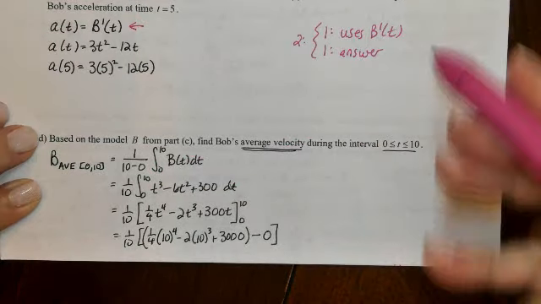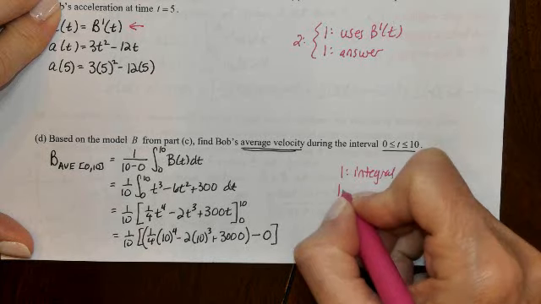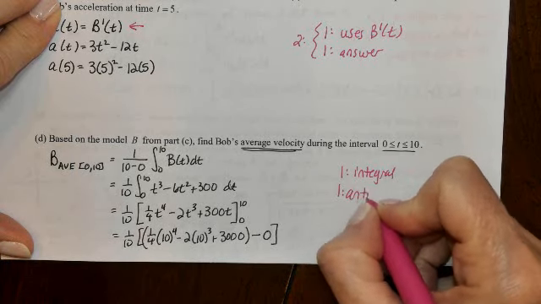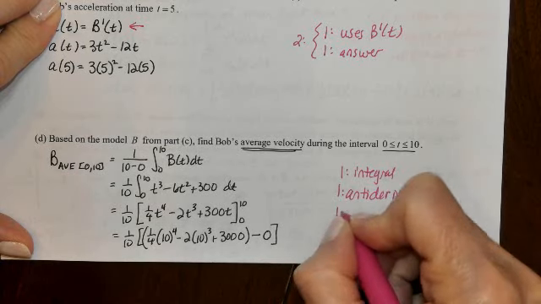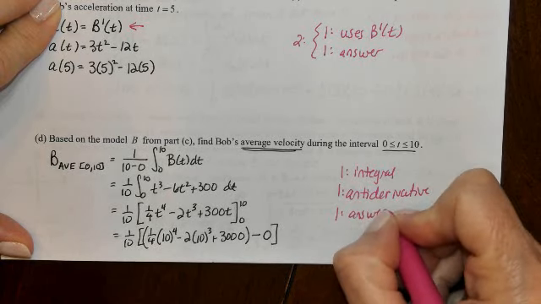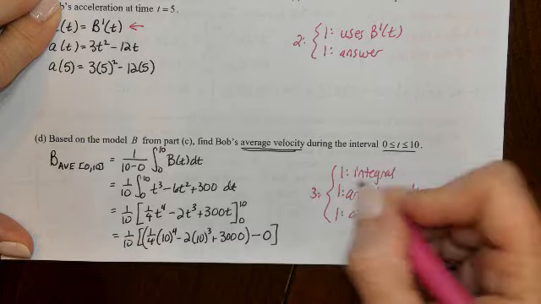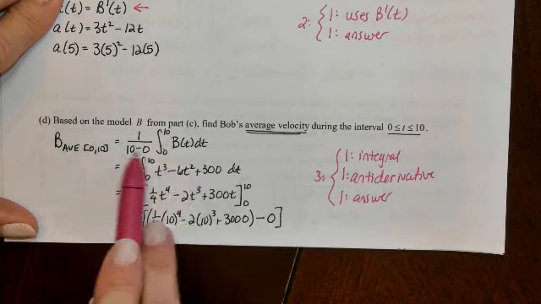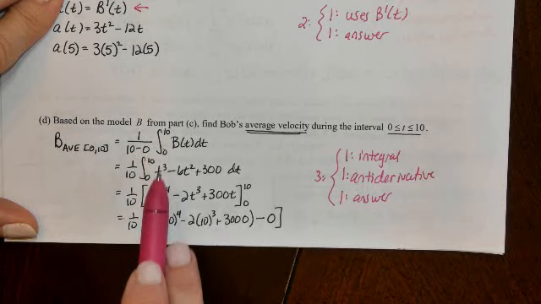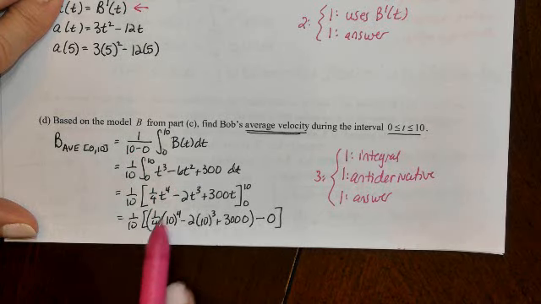All right, and then in part D, it was worth a total of 3 points. 1 point for the integral, 1 point for the antiderivative, and 1 point for your answer. So 1 point for your integral, that would be this whole thing, 1 point for the antiderivative, and then 1 point for the answer.